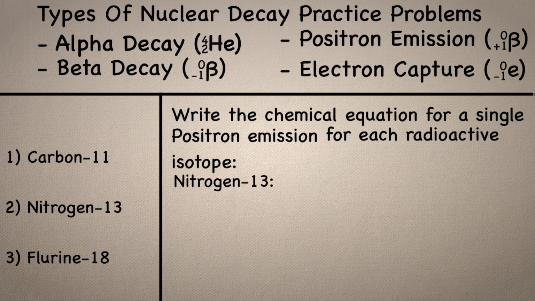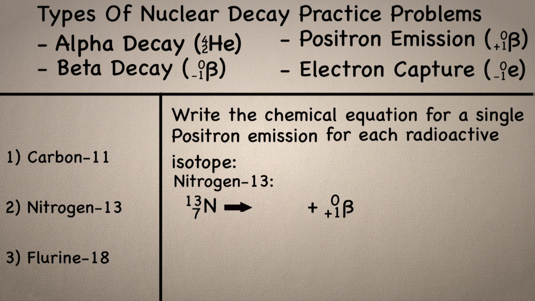Nitrogen 13. Nitrogen's atomic number is 7, so it's 13, 7 N. And we're going to put our yield sign, get our positron symbol out, so 0, +1 beta sign. Now we have to finish our missing numbers. We have 13 as the atomic mass for nitrogen, and we have 0 with our positron.